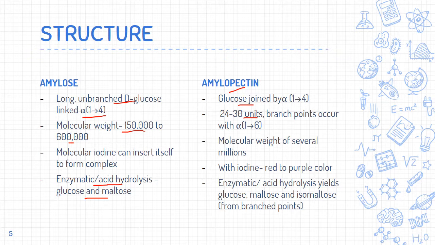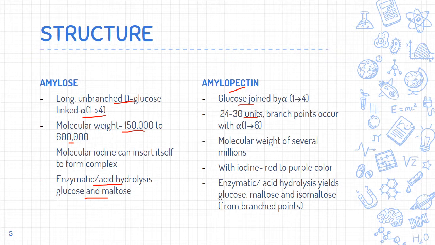The amylose molecule is helical in structure, which makes it well suited for the storage function. If you react it with molecular iodine, it forms a complex which is blue in color. On enzymatic and acid hydrolysis of starch, amylose will yield glucose and maltose molecules.